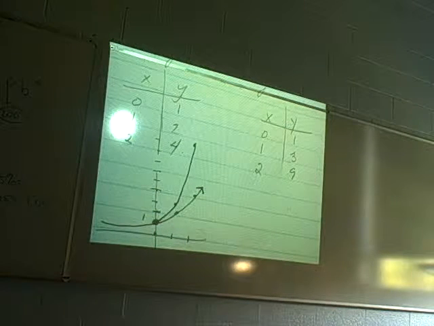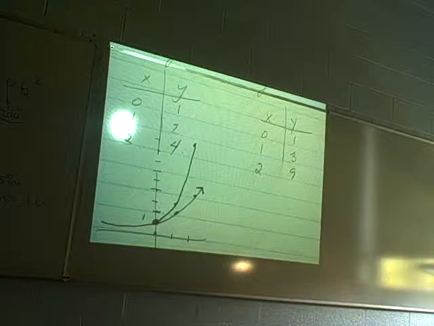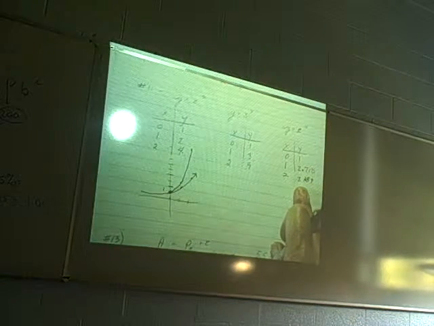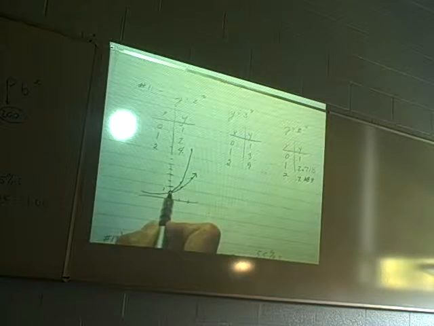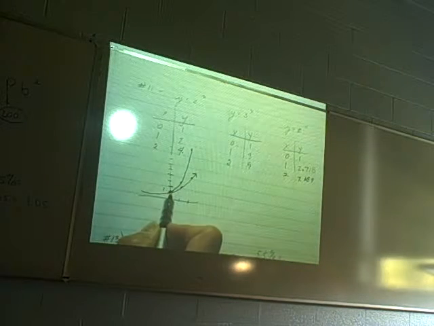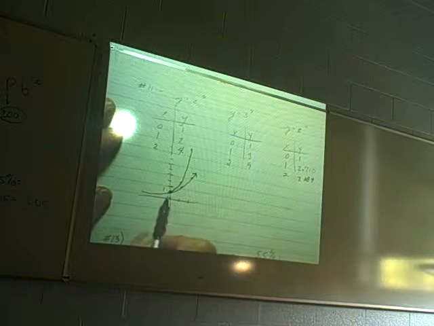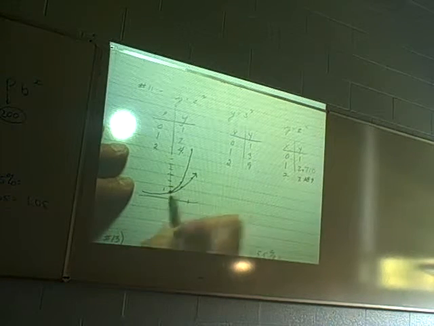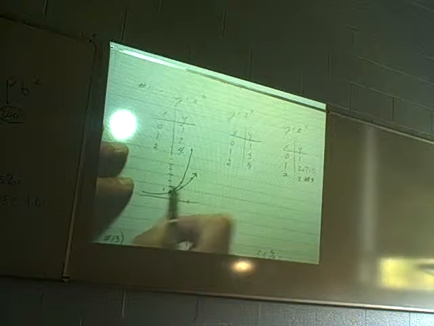And I can guess then what will happen. I'm going to zoom out a second. When x is 0, y is 1, it's going to go through that. When x is 1, it's going to be 2.7. So here's my 1, 2, 3.